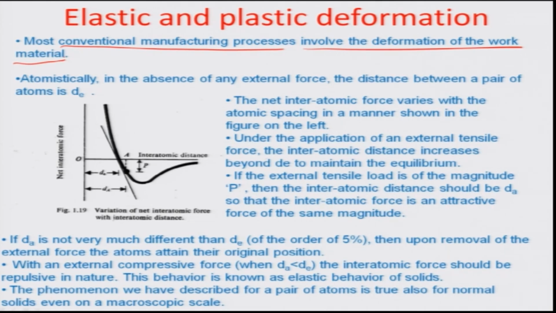So in the absence of any external force, let us say there is a pair of atoms which are separated by a distance d, which is also the equilibrium distance, we call it dE for example. So atomistically in the absence of any external force, this d is because the balance of all the forces acting on the atomic system which are spaced with this distance d is 0.